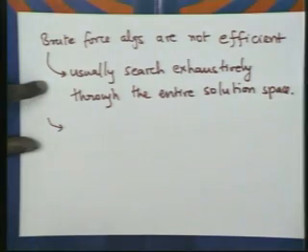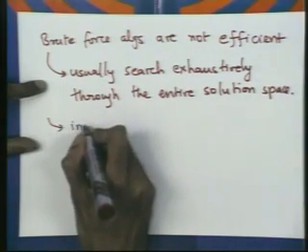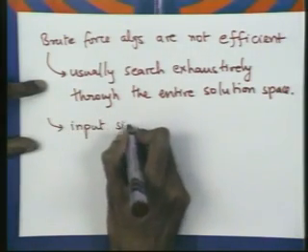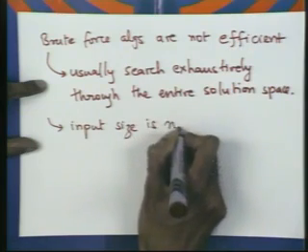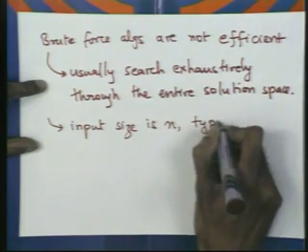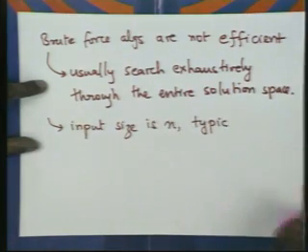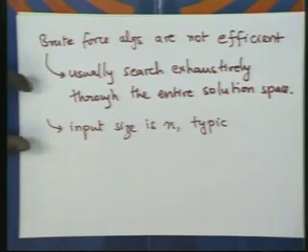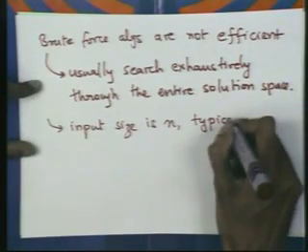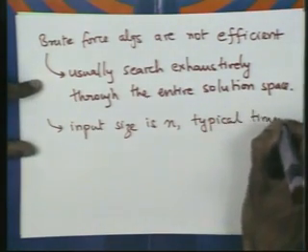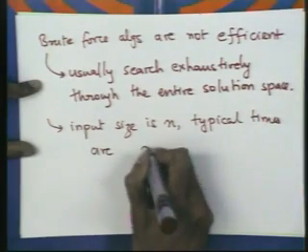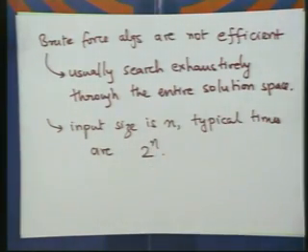And that's the other characteristic of these brute force algorithms: if the input size is n, typical times taken by these brute force algorithms are 2 to the n, because they just look at all subsets. And this is just too much.